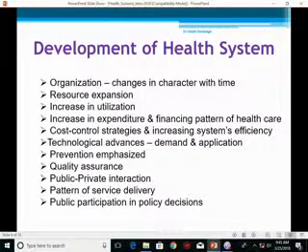We need policies, mainly for one determinant: the goal is allocative efficiency and technical efficiency. Cost control, technological advances, demand and application, new technology comes.